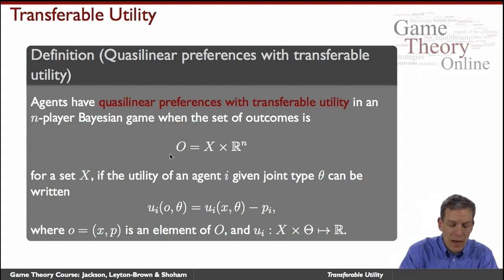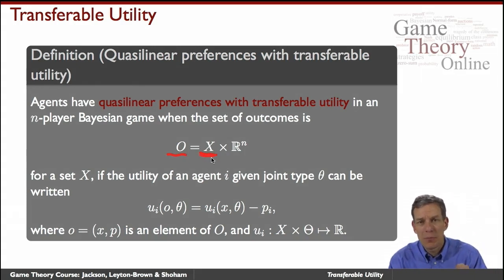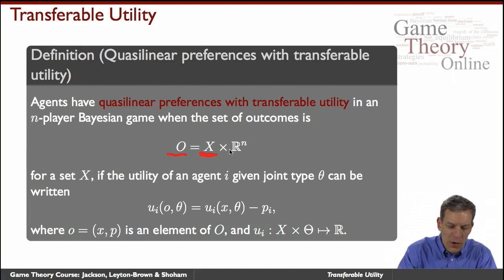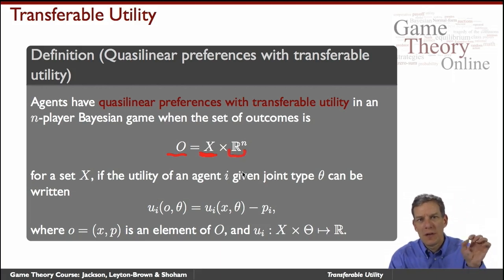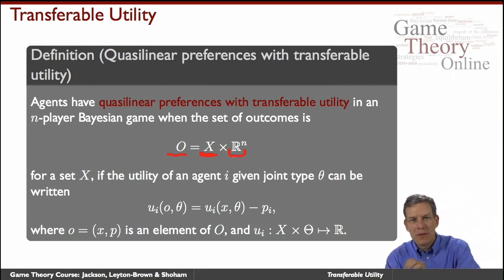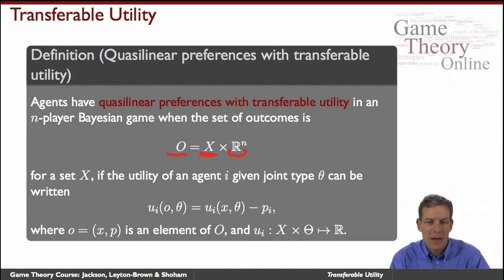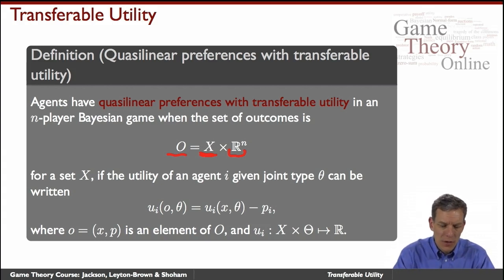Instead of just having some abstract set of outcomes, now the outcomes are going to have structure, where there'll still be some basic public aspect to it, some decision X. And then the other part is going to be a set of real numbers where we give each individual some payment or have them make a payment. So there's some transfers going on between the different individuals, and so we will have some list in R^n of what those payments are.